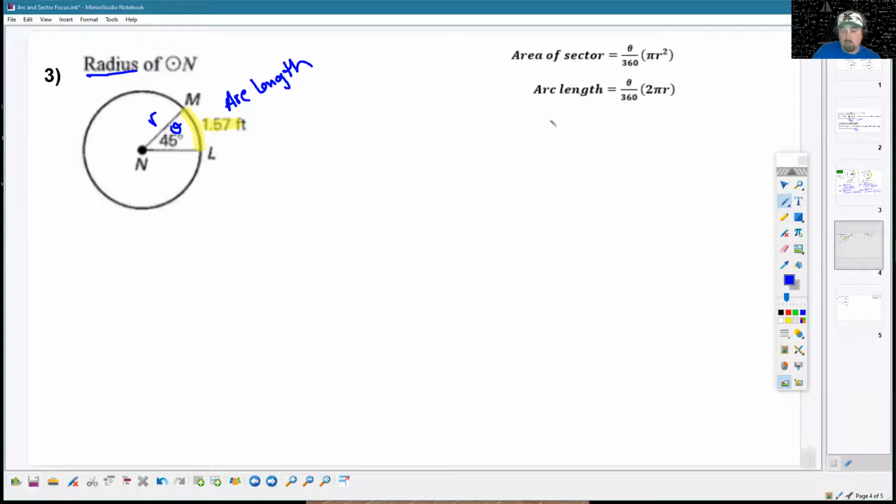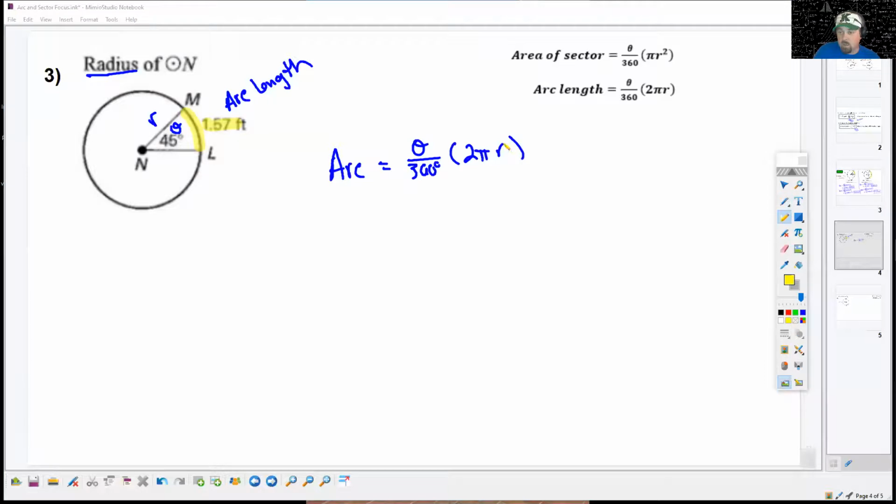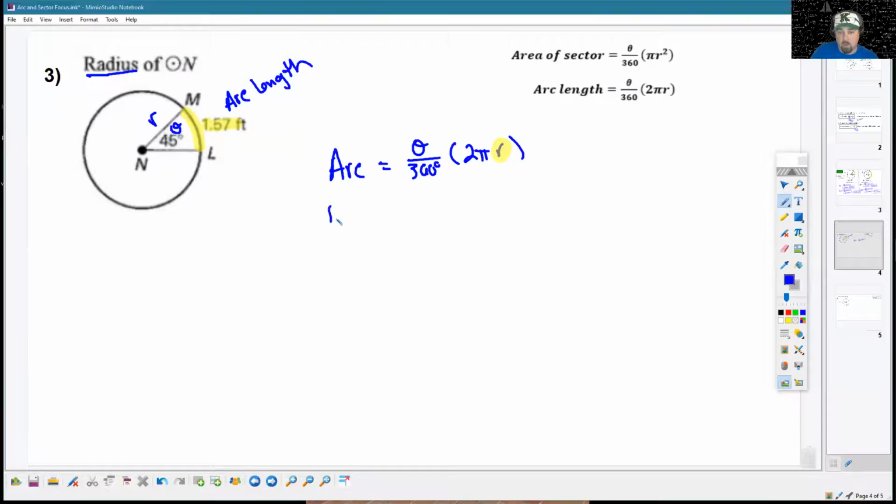So if we actually look, we have the arc length formula. We have arc equals theta over 360 times 2 pi r, and the r is what we are searching for. We know the theta is 45. We know the arc length is 1.57.